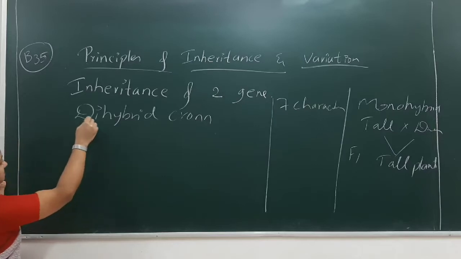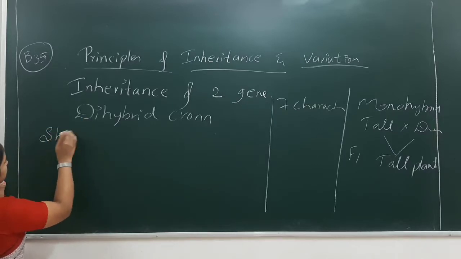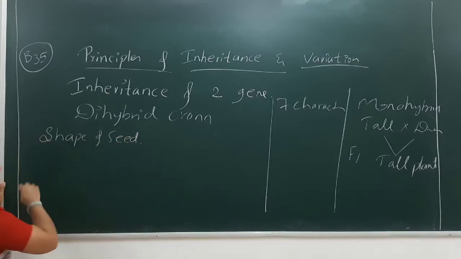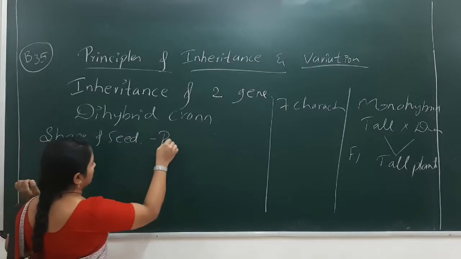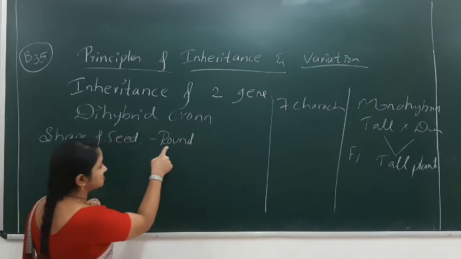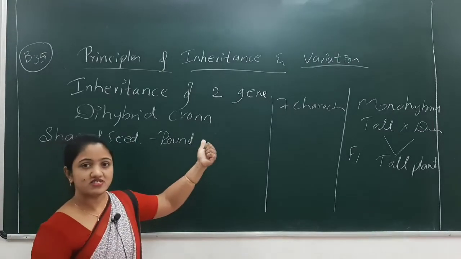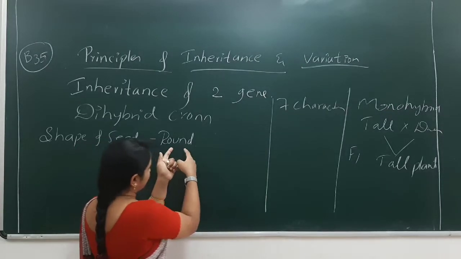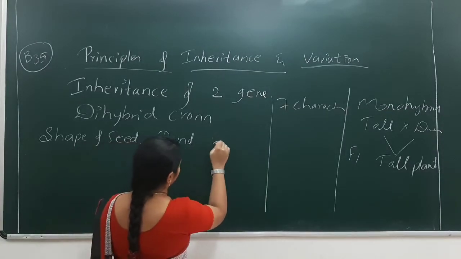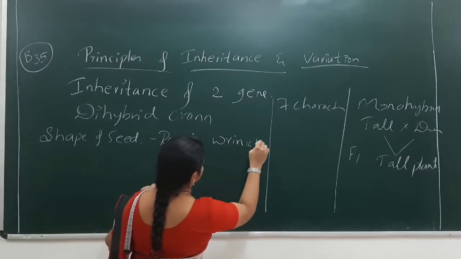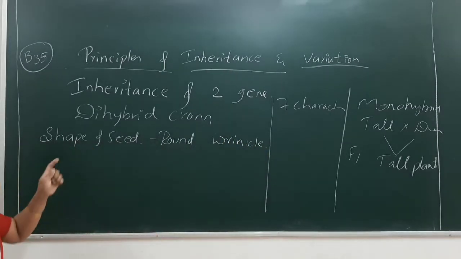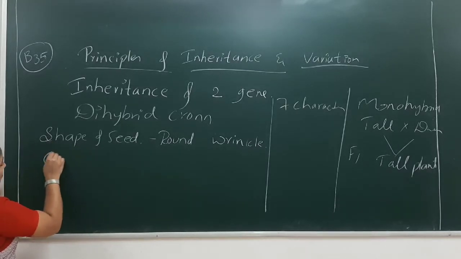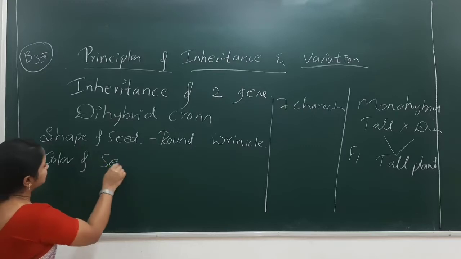The shape of seed, that is round, is the dominant trait. The recessive trait of this is wrinkled. And one more character I am selecting here is the color of seed.